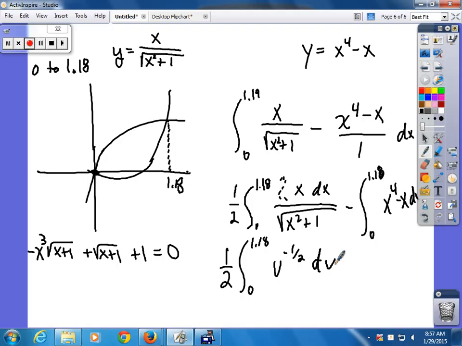Now, since we're changing that to u, we've got to change that 1.18, correct? Yes, Hubert. Thank you, class. Then x to the 4th dx minus the absolute value of the antiderivative from 0 to 1.18 of x dx.